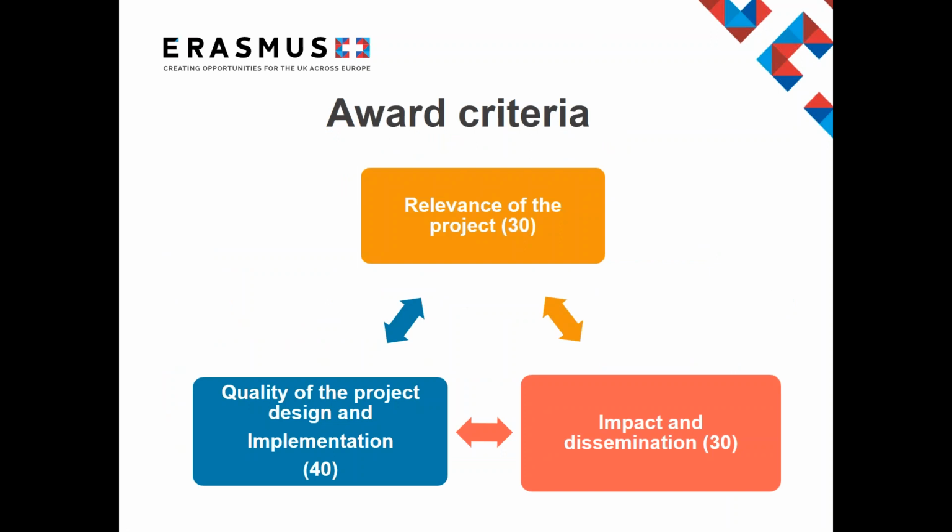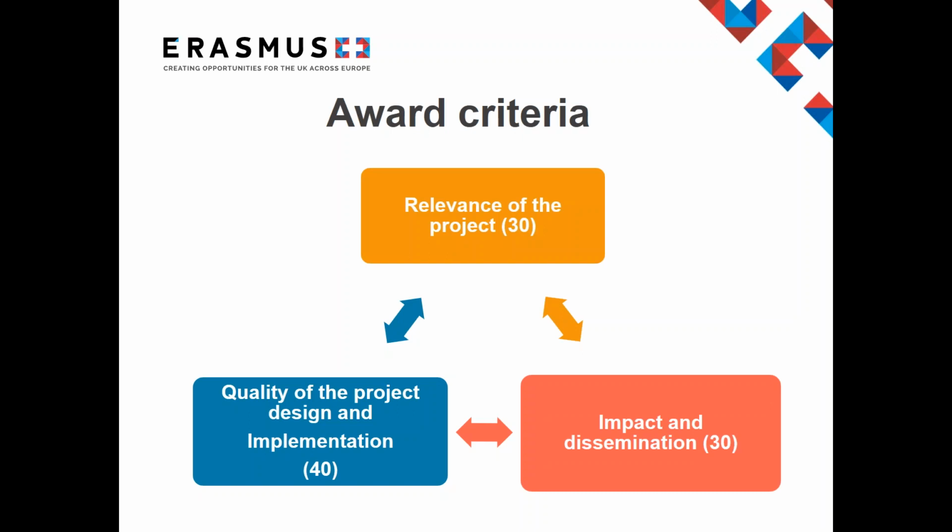Once the national agency is happy that your application is eligible, it will arrange for it to be assessed by external experts from a qualitative point of view against the award criteria published on page 55 of the programme guide. You can see the 3 award criteria on the slide, and an application can score a maximum of 100 points.